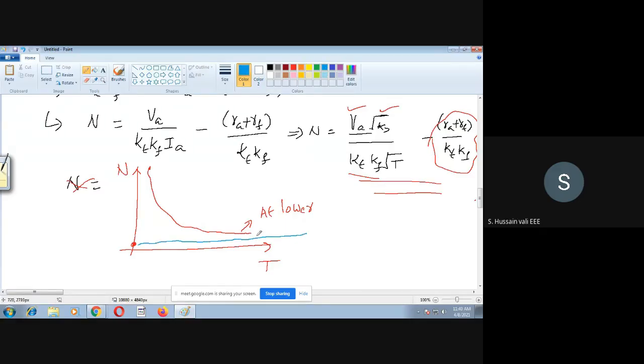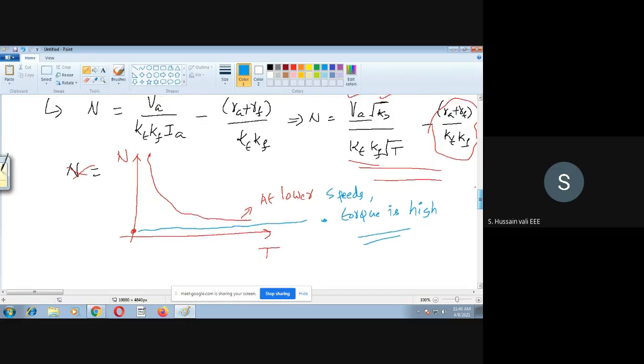You see it is not intersecting here, it is intersecting at a long distance. So it means torque is very high at lower speeds. Lower speed in the sense, generally during starting of the DC series motor, the speed is lower. So during the starting of the DC series motor, its torque is very high. That is the feature of your DC series motor. From this graph, you can understand that.